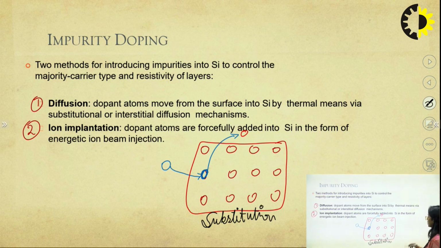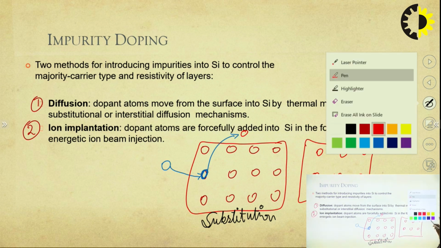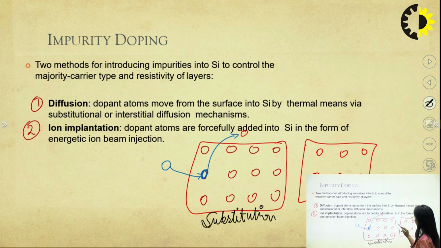Now there is another method called interstitial. What is happening in interstitial is that the foreign molecule will come and take a place, and it will not remove the parent atom.